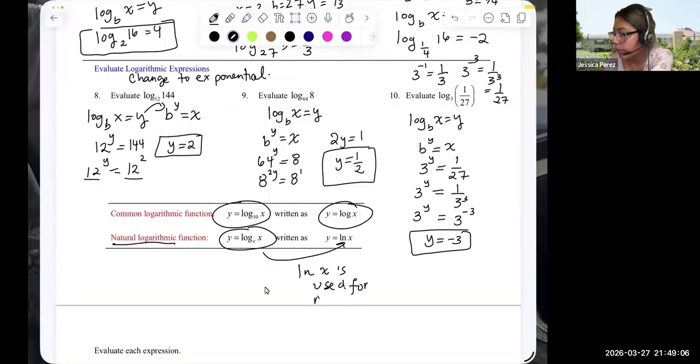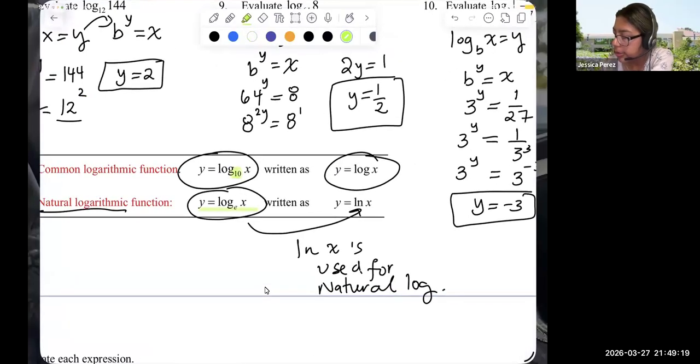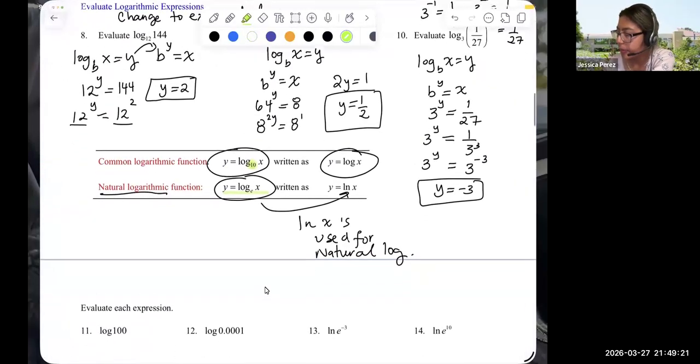They're both logarithmic functions, but each is identified with a different base. The natural base is e, and the common base is 10.